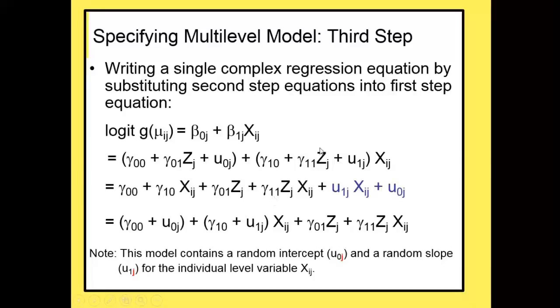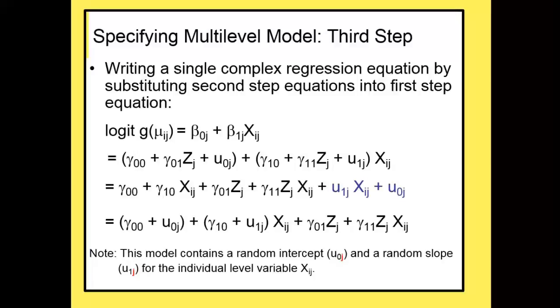Now, you notice the way I've grouped it: there's an intercept part of the model, there's a slope part of the model for the x variable, there's a slope for the z variable, and there's a slope for the product. So what's come out of specifying these separate models is the variables that were at different levels, but they come into this overall model because I'm combining the two.